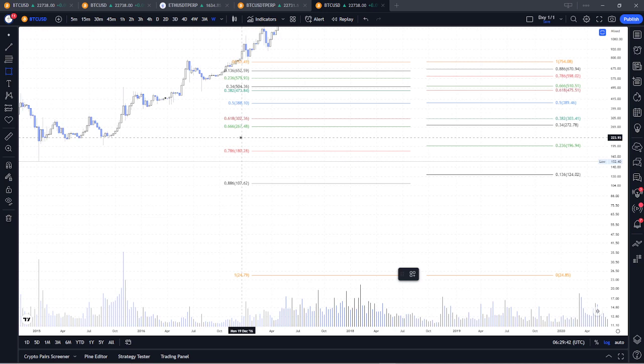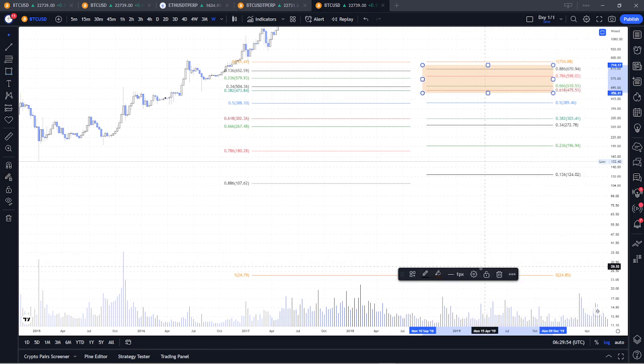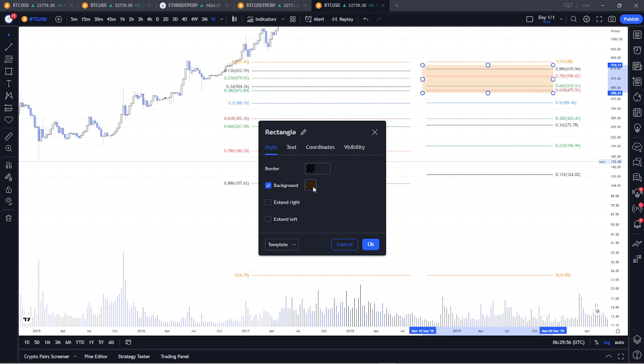And this is what most people still don't understand. On the positive Fibs, you have distribution, generally at the top of the range.